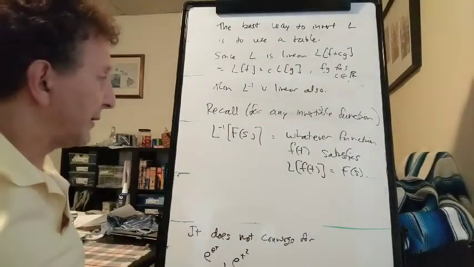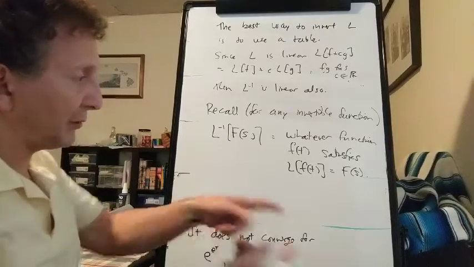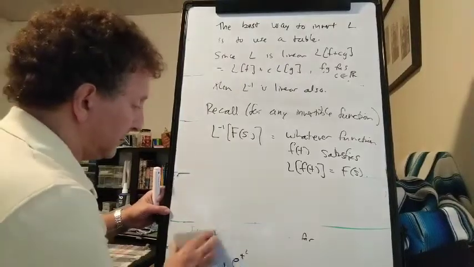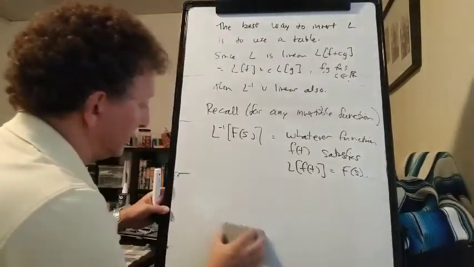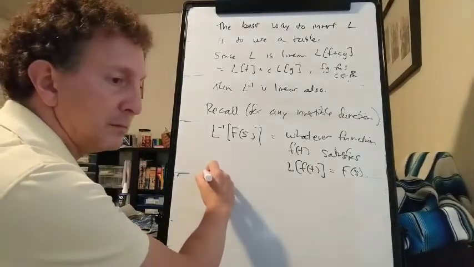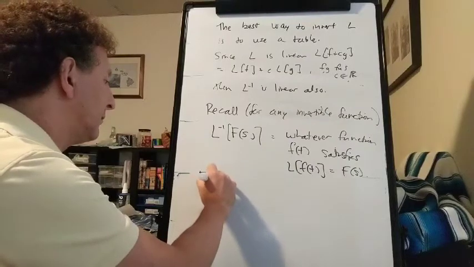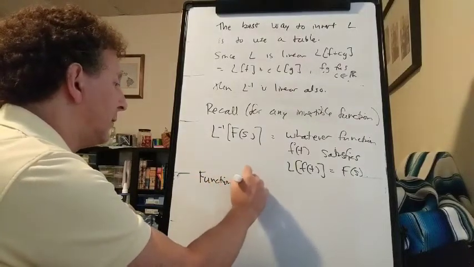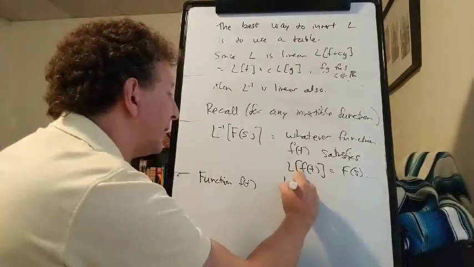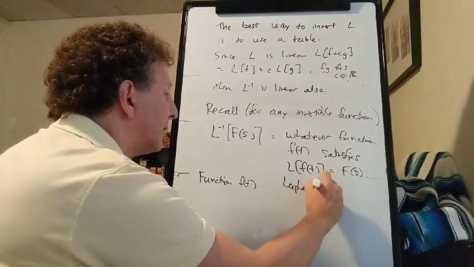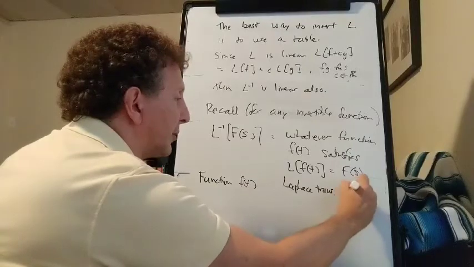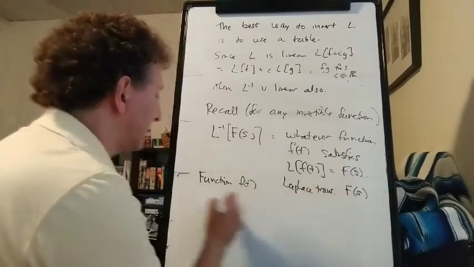So let's make a table of what we know about Laplace transforms, and then sort of reading the table backwards is going to be our inverse Laplace transform. So we'll make one column for functions f of t and another column for the Laplace transform. We'll call this one capital F of s.